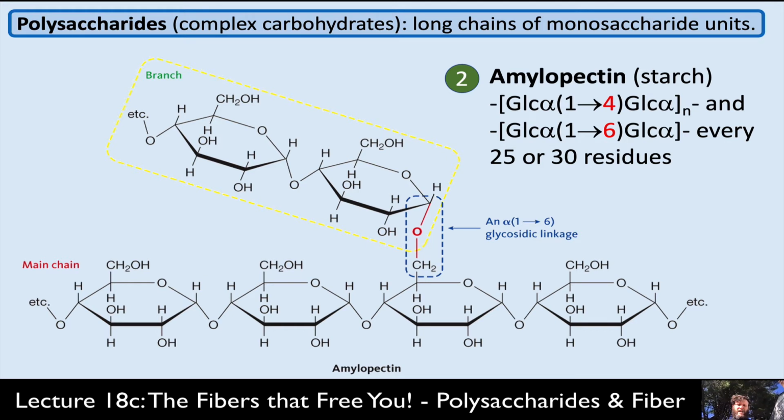So the length of the chain is all alpha-1,4, but then the branch points are alpha-1,6. This is important because it's going to require a different type of debranching enzyme when you are trying to digest this starch.